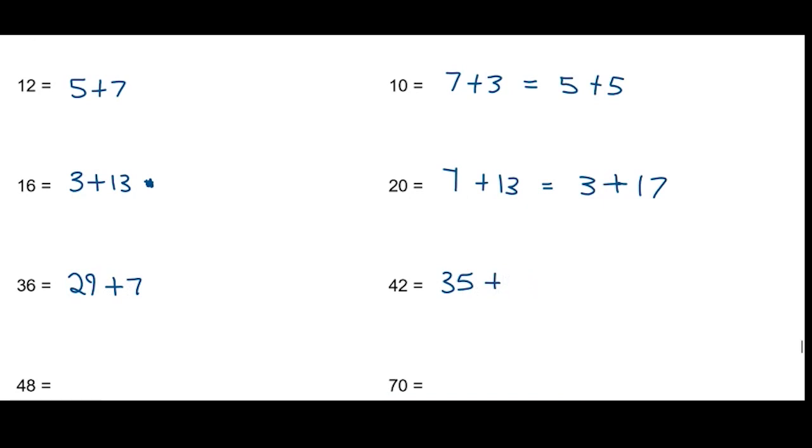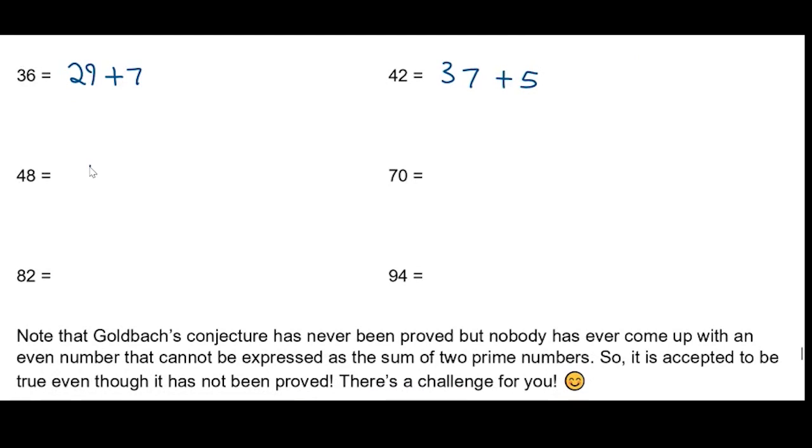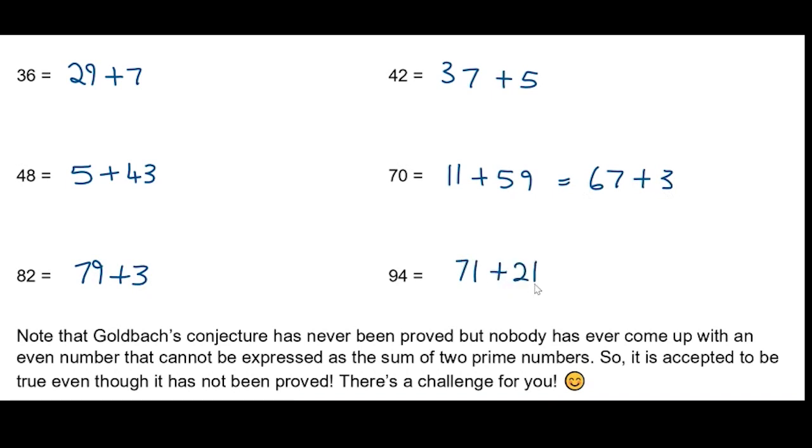No, 35 plus 7 will not work. 35 is not prime. 37 plus 5. 48, 5 plus 43. 70, 11 plus 59, but possibly also 67 plus 3. 82, 79 plus 3. And 94, maybe not such an easy one to do, but 71 plus 23.